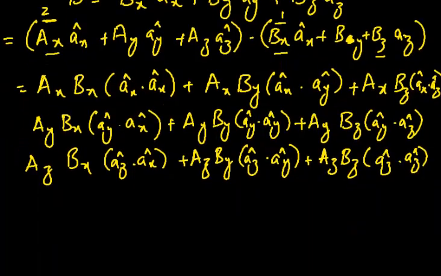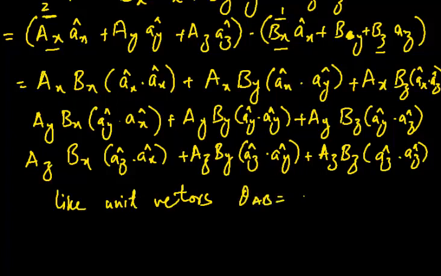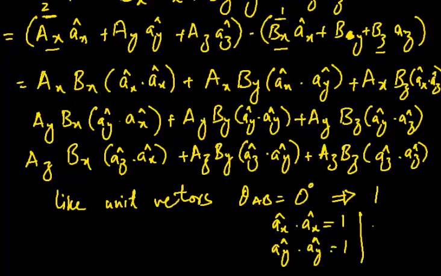Now if you look at the angle between like unit vectors, the like unit vectors obviously have theta AB equal to 0 degrees, and this implies that their dot product gives us 1. It means that AX and AX give you 1, AY and AY give you 1, and likewise AZ and AZ give you 1.